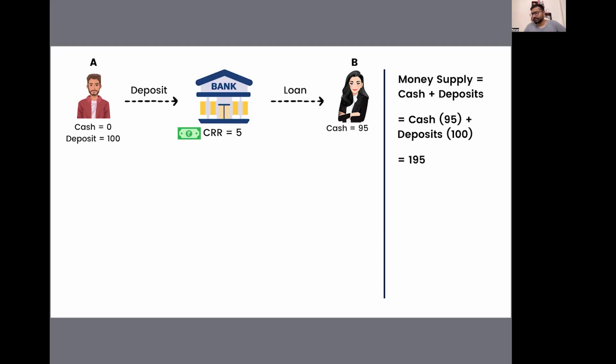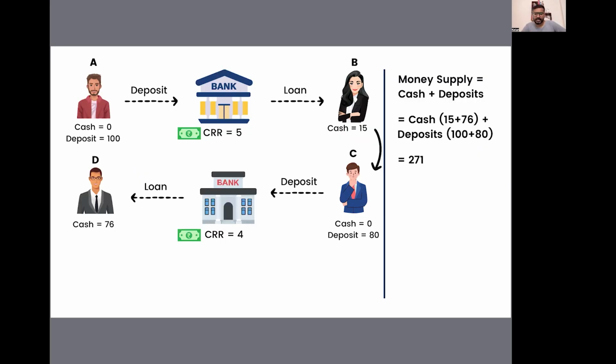Now suppose person B gives money to person C but keeps some cash with herself. So person B had 95 rupees, she keeps 15 rupees and lends only 80 rupees to person C. Again, this person C will deposit money in the bank.